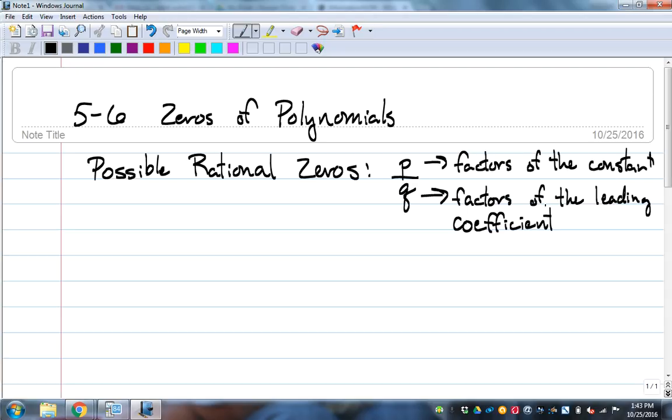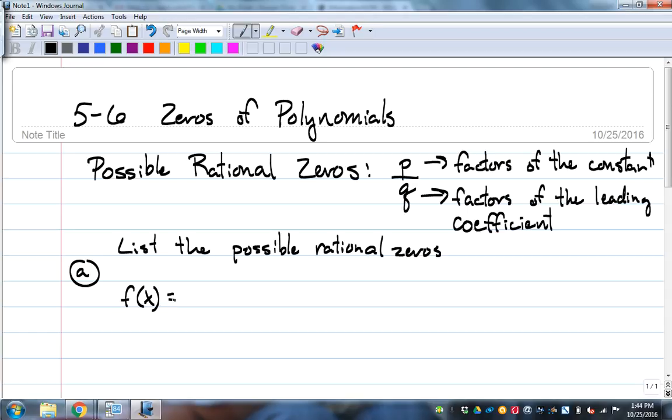Okay, so when we're looking at a polynomial, example A, we want to list the possible rational zeros. Let's look at this polynomial.